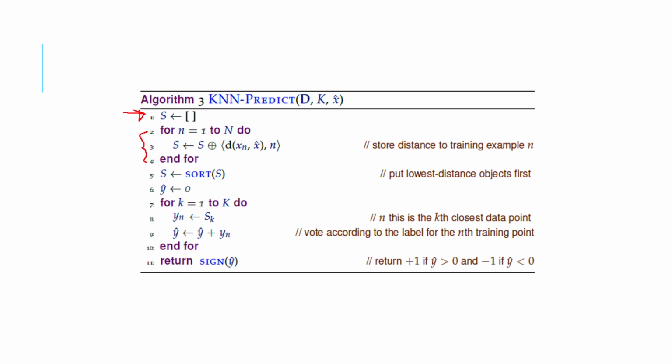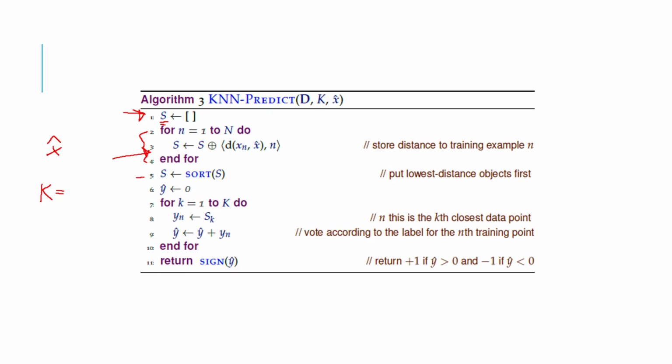So we compare the distances of our x hat, which is our test point, to all of our training data and get the distances, and then store the distances in this array indicated by S. And then in line 5, we just sort the distances so that we can get the k nearest neighbors.